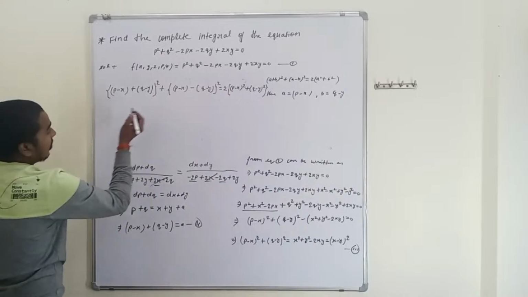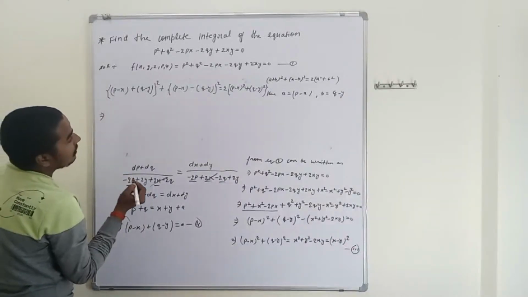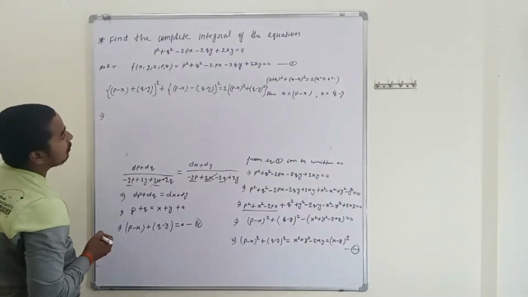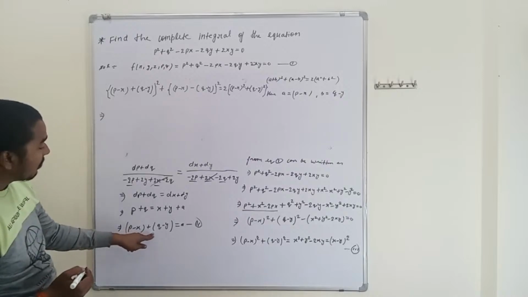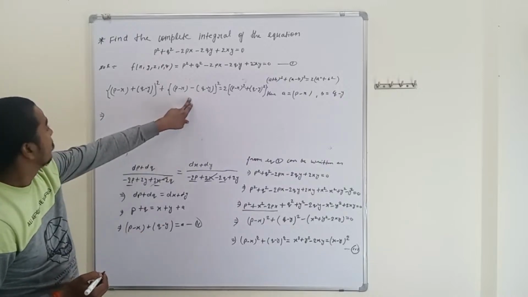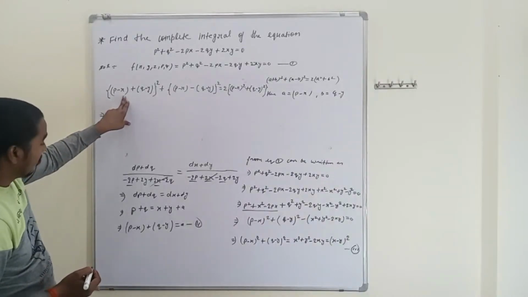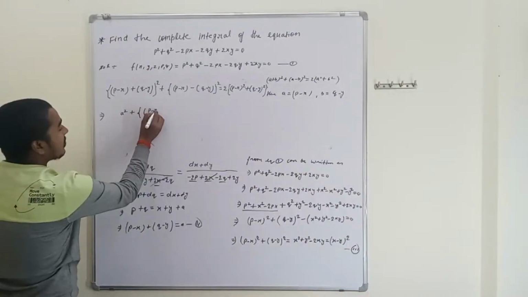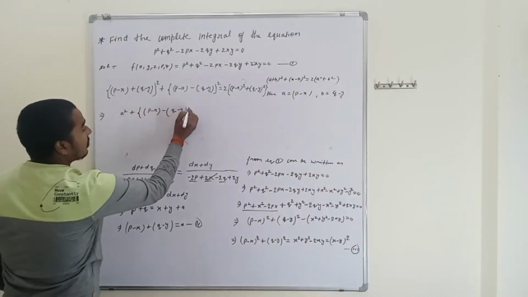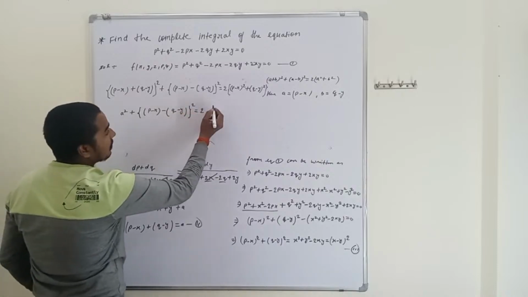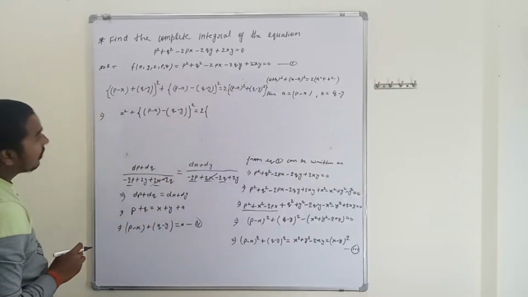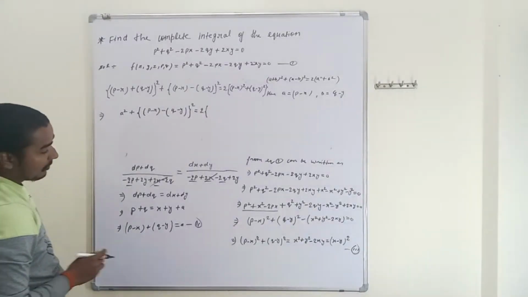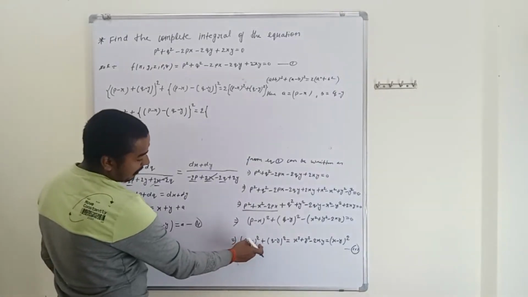Further we have to solve, from here we have to put the value once again of p minus x plus q minus y in the above equation. p minus x plus q minus y, we have to put a, that is a square plus p minus x minus q minus y whole square is equal to 2 times, in place of p minus x whole square plus q minus y whole square, we have to put from here p minus x whole square plus q minus y whole square.